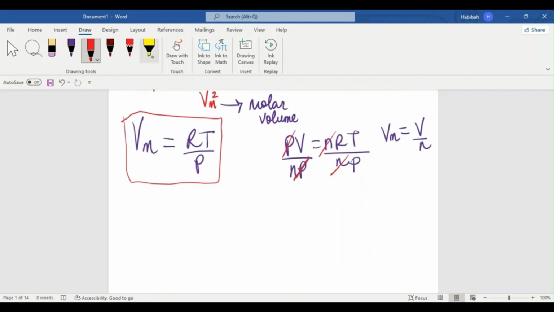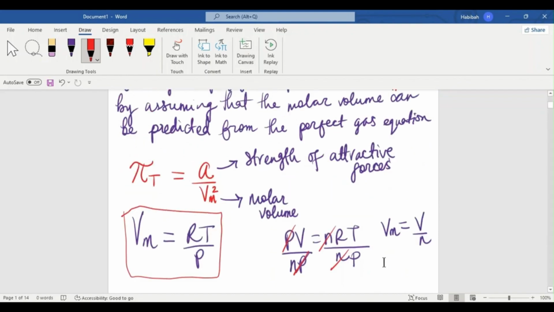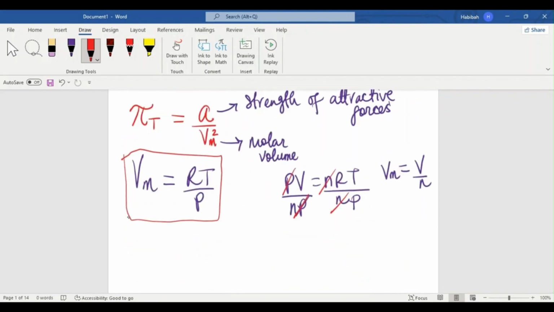Next, the best thing for us to do to continue is to determine the attractive forces value, which is A. Thankfully, this is a constant. So all you have to do is look at the resource section of your book or go online and Google the A value, the strength of attractive forces for water vapor.